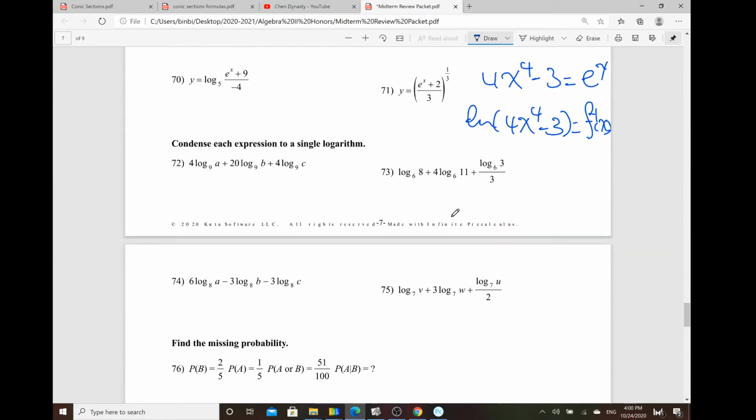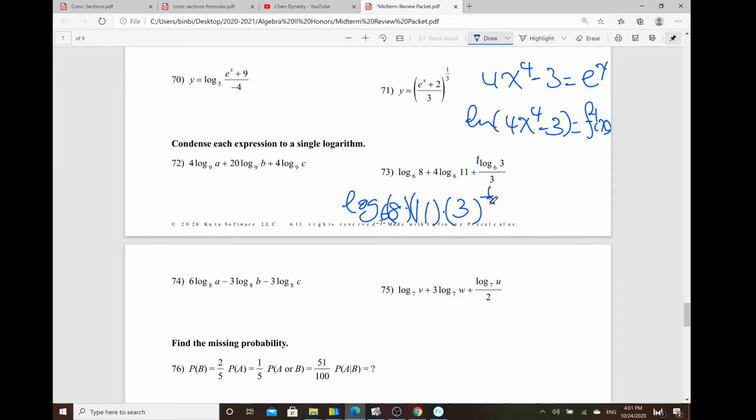Using the properties of logarithms, condense each expression to a single logarithm. The common base is 6, so log base 6. Something is wrong with the pen again. So log base 6 of 8 times 11, and then times 1/3, that's just the coefficient, so 3 to the power of 1/3.